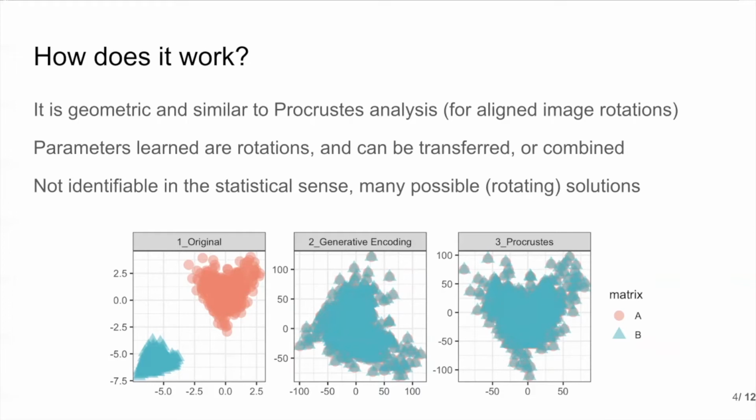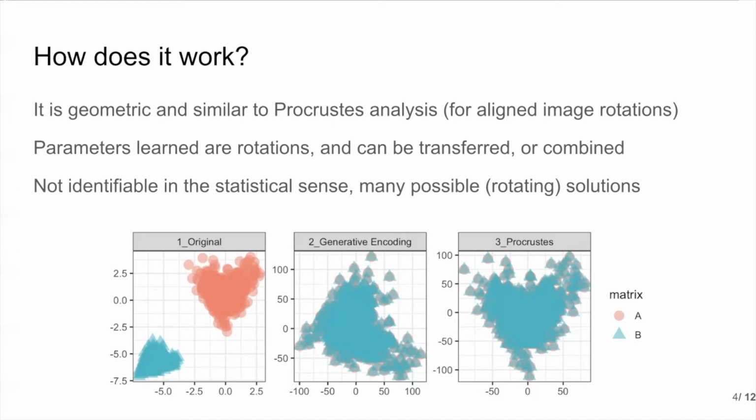So when we use Procrustes, which is on the right, we notice that the images match and the shapes align via a set of rotations. Similarly, generative encoding does something in the same manner. The parameters that generative encoding learns are rotations, and we'll show later that it can be transferred or combined.